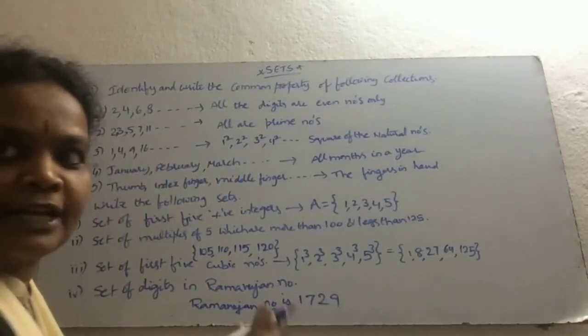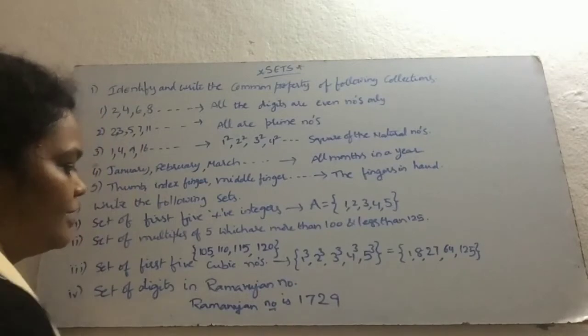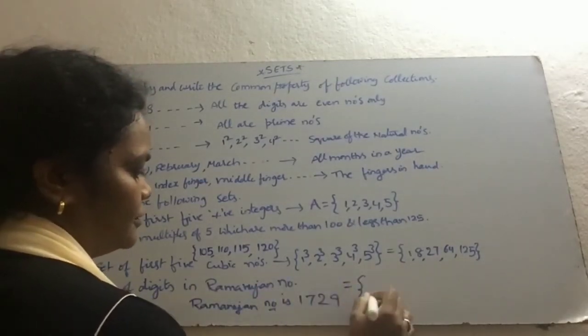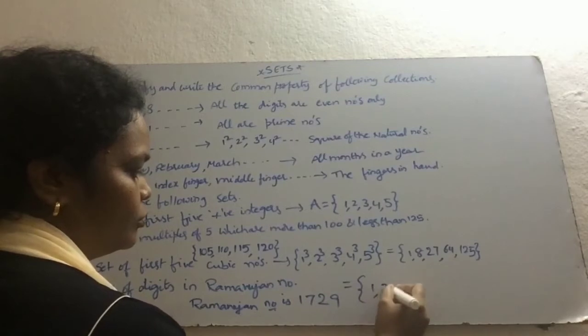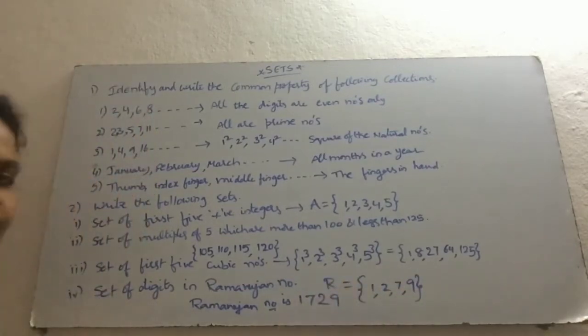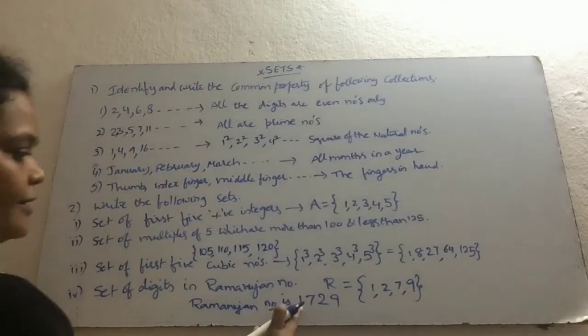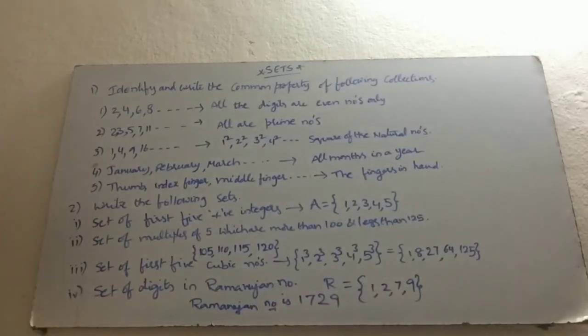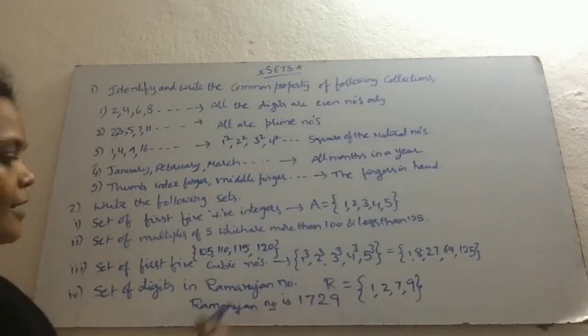So that means the digits in the Ramanujan number. What are they? 1, 2, 7, 9. So I will take 1, 2, 7, 9 as the digits in the set.